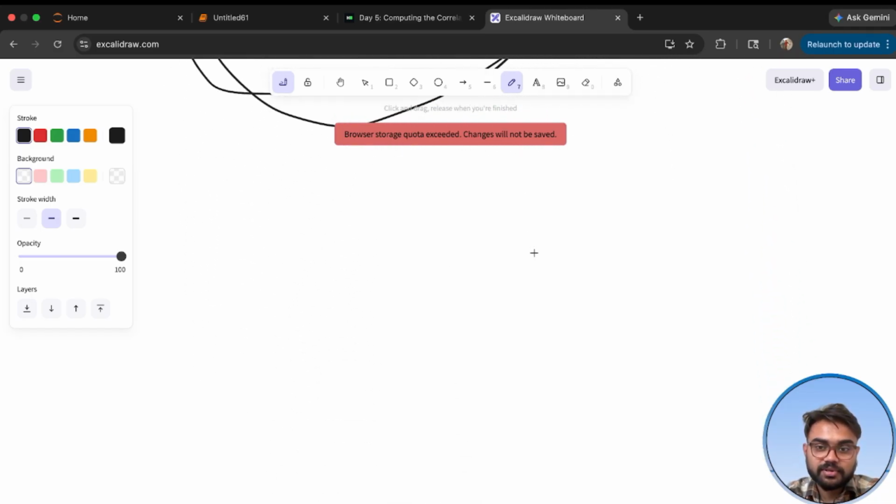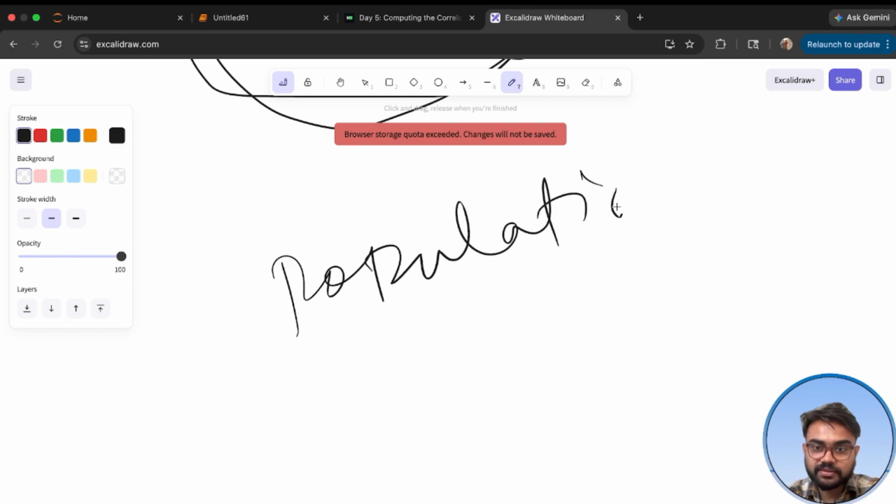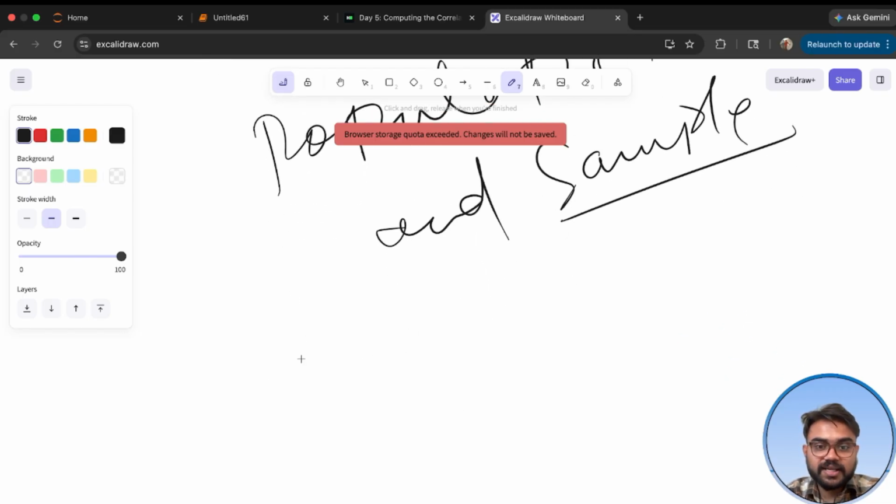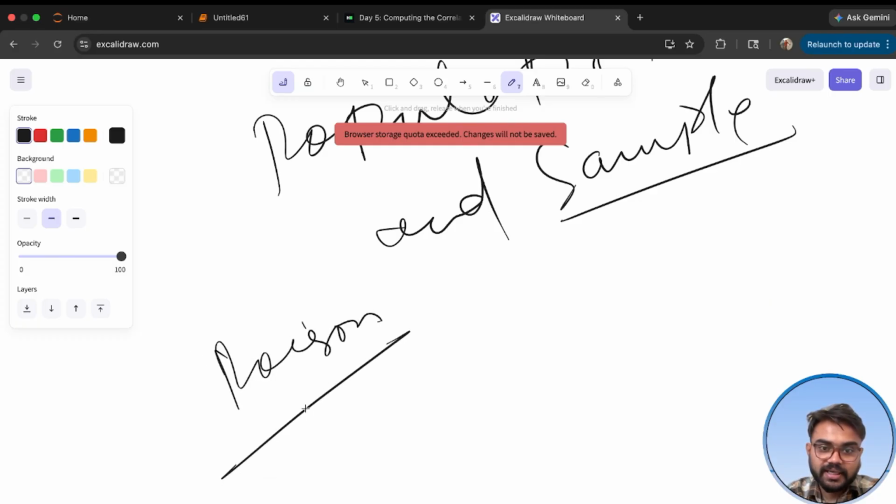And suppose one more example, I'm going to talk about the population and sample here. Say we have snake poison, and we want to research whether this is more venomous or not.